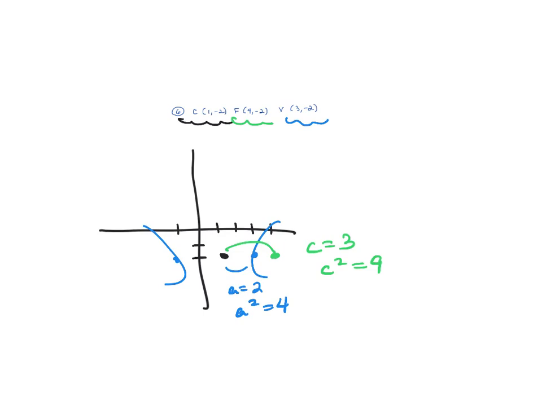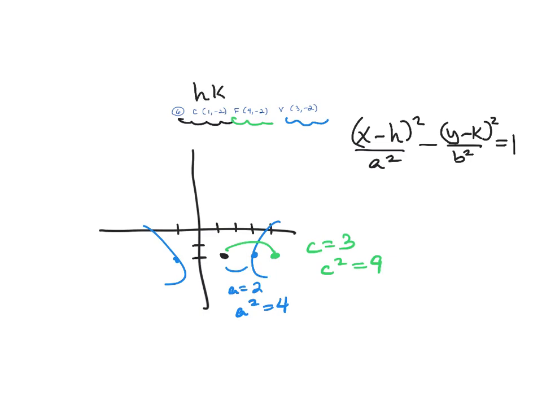Now, you can already see it's touching the x-axis, so we're going to be using x minus h squared over a squared, y minus k squared over b squared equals 1. Now, for the center, they gave me h and k. I just found the a value, so now to find the b value, I'm going back to this equation. I'm going to plug in my c and my a and solve for b squared.